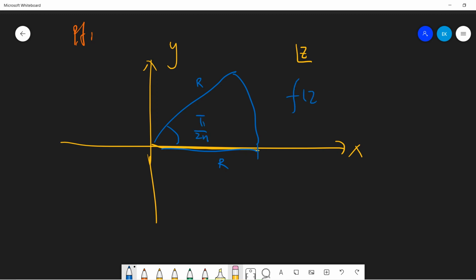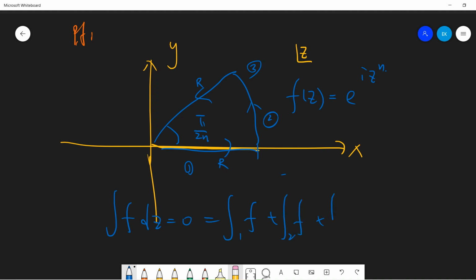And then consider f of z to be exponential of i z to the n. Okay, so there's no pole for this function, right? So if you take the integral of f dz over the contour, let's say 1, 2, 3, then it will be 0.